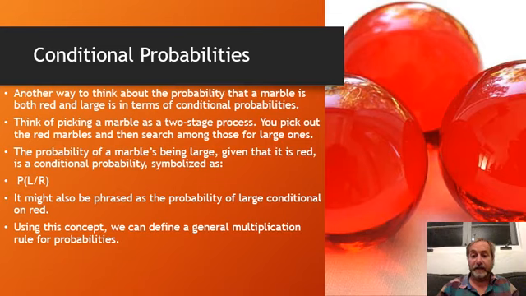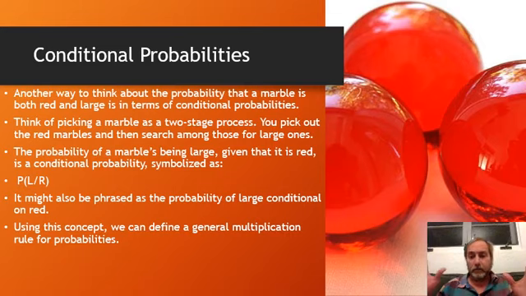The slash means given that, or probability of large conditional on red. So the second half goes first when you're thinking about it conceptually. L/R means I've picked out all the reds; now among these reds, which ones are large?